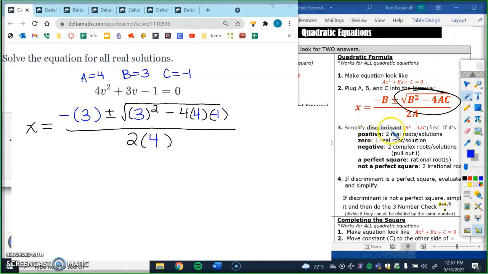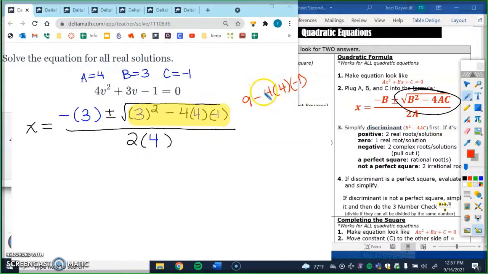First thing we're going to do is simplify what's called the discriminant. The discriminant is what is under the square root, not including the square root. So first, simplify the discriminant. You could pull up the calculator and just type this into the calculator the way that it is, or you can figure out what you get just by simplifying it. 3 squared is going to be 9 minus 4 times negative 1.